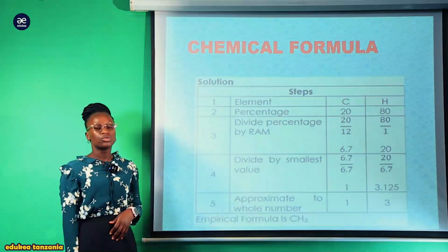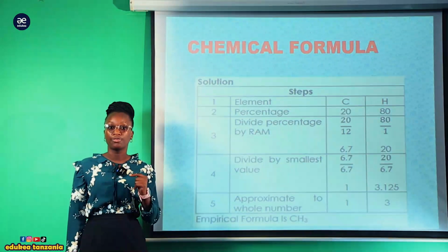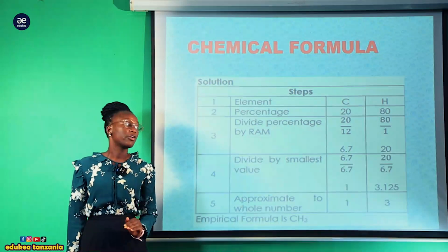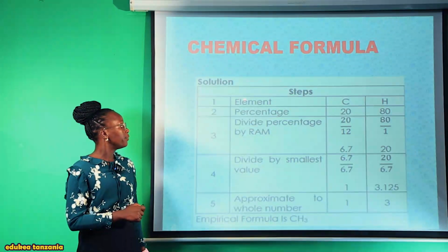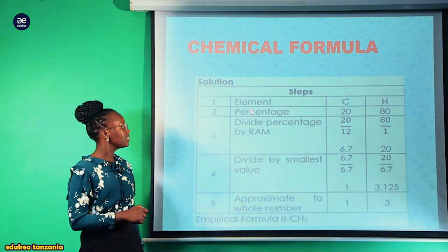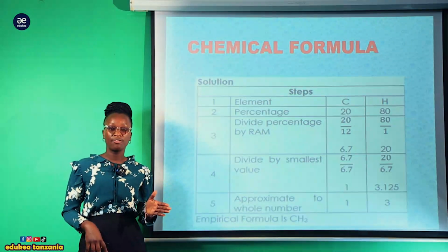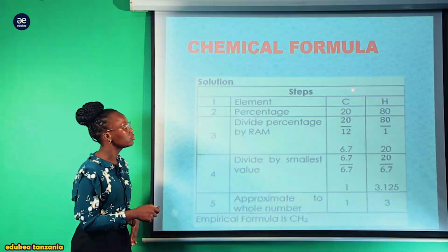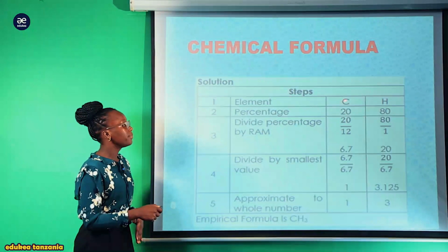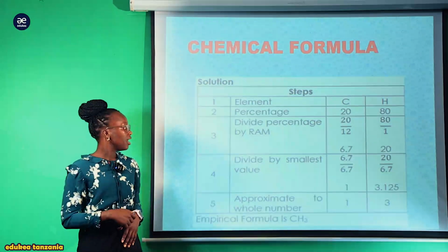Therefore, after that tunaenda kwenye solution, ambayo tunafuata zile steps of calculating the empirical formula. First step tunaandika symbols za element. Tuna hydrocarbon, ambayo tunajua kwamba ni made of carbon and hydrogen. So we are going to write C, which represents carbon, and H, which represents hydrogen.